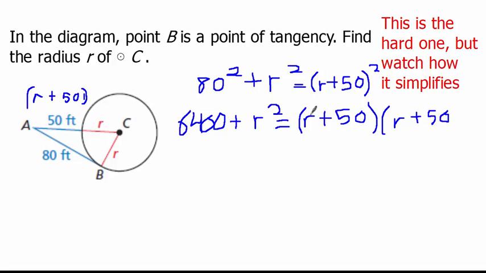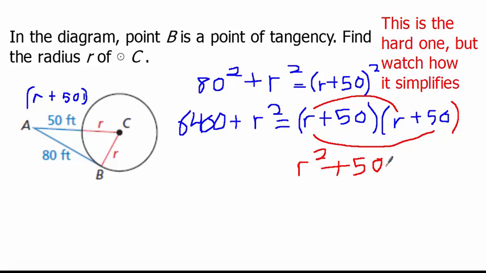And then we're going to multiply firsts. That gives me r squared. Outsides gives me 50r. Insides gives me 50r. And lasts gives me 2,500.